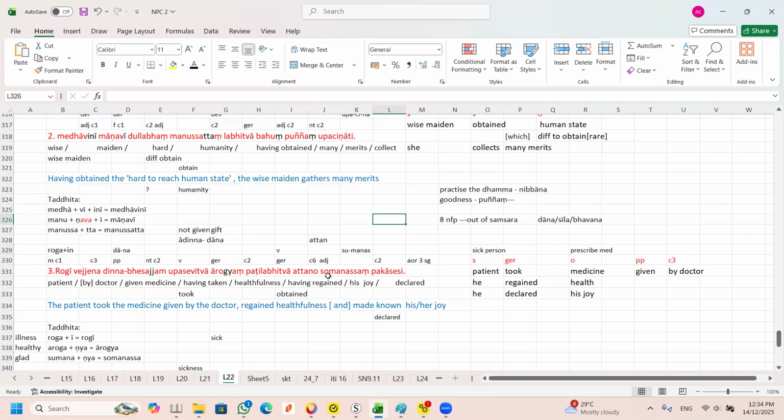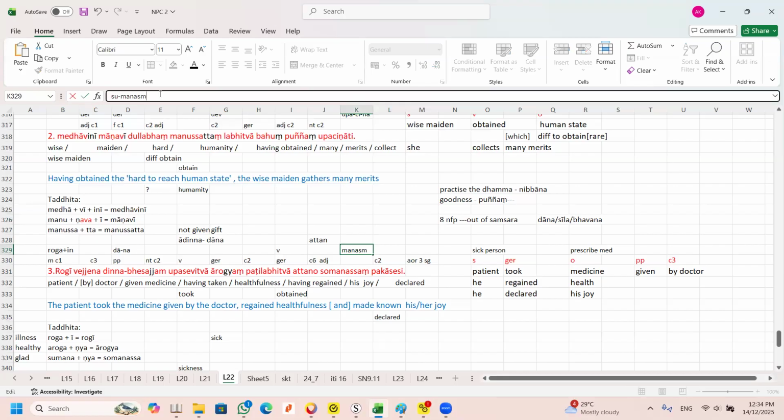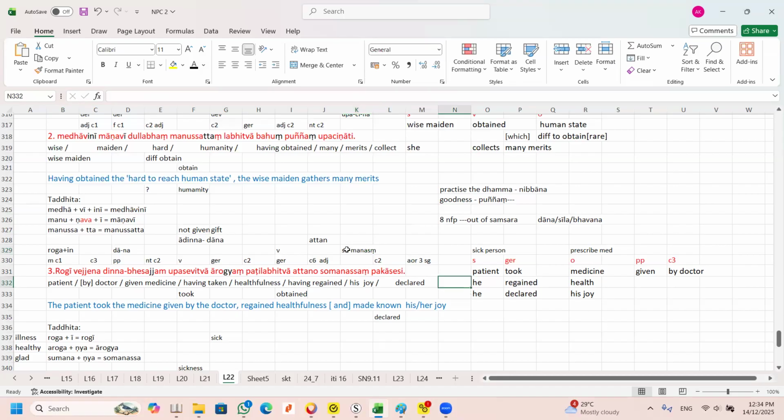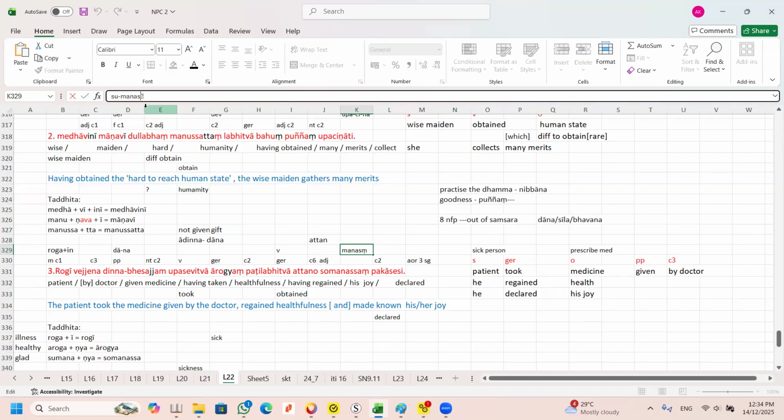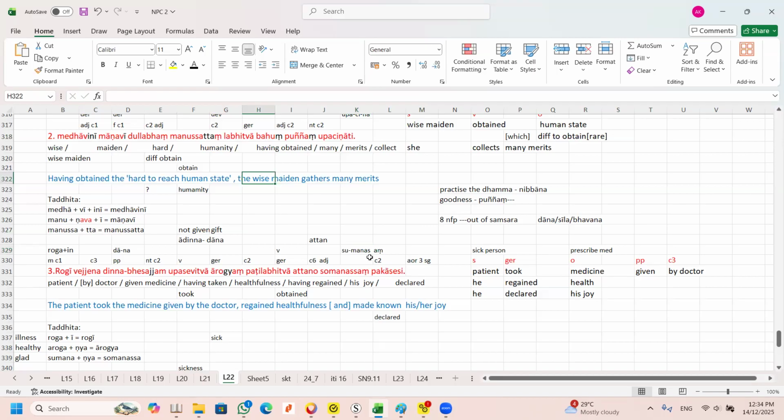Su becomes so, then manasang, so you end up with manas plus, because you cannot put an outright M here. So technically, you add in a vowel and you need to duplicate an S. So it becomes somanasang.